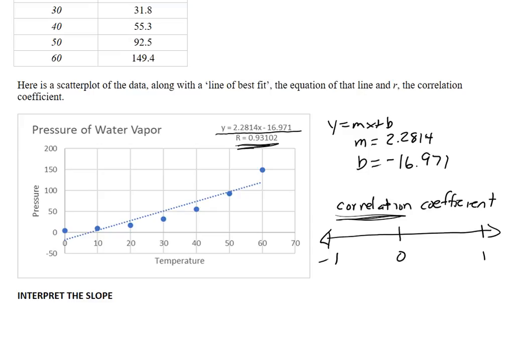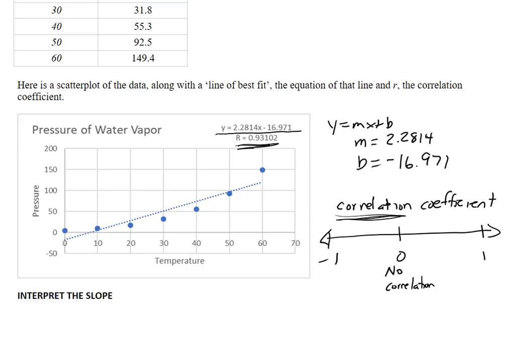And this we can see has a positive relationship. As the temperature gets bigger, the pressure also gets bigger. And that's a positive correlation. Now if the graph was going downwards, then we would see a negative correlation. If the correlation is close to 0, there's no correlation whatsoever.